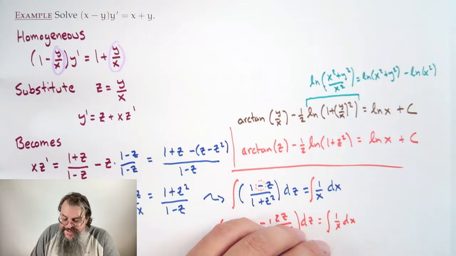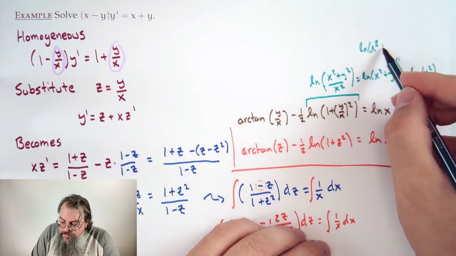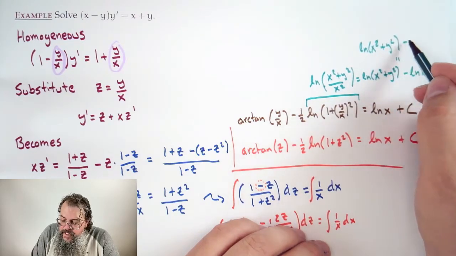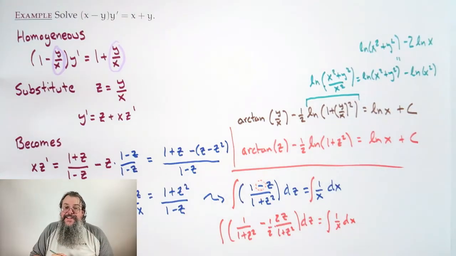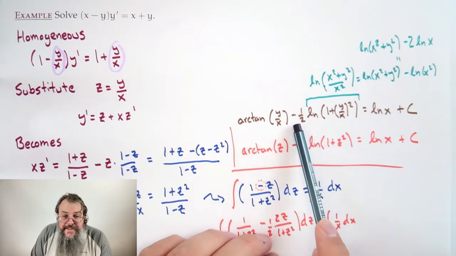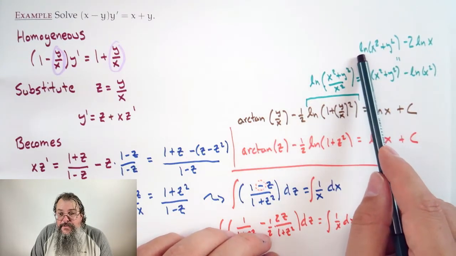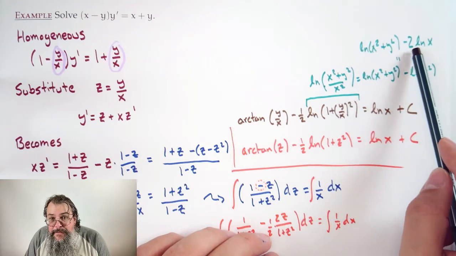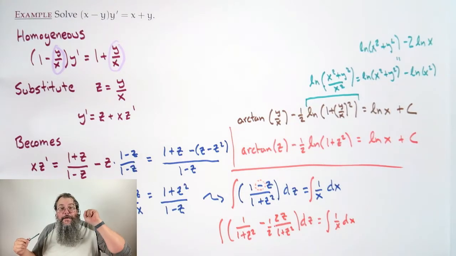But wait, notice this is natural log of x squared plus y squared minus 2 natural log x. Now, why do I say, but wait, notice? You have a minus a half in front. So you're going to have minus a half log of x squared plus y squared, minus a half times minus 2 log x. Well, minus a half times minus 2 also goes by the name of 1.